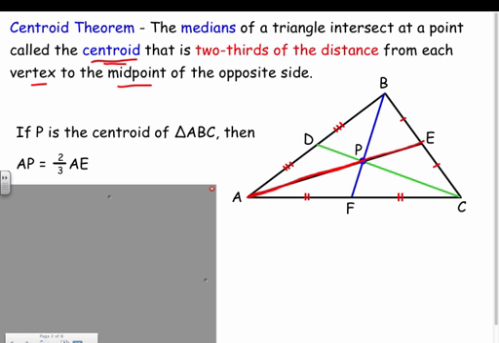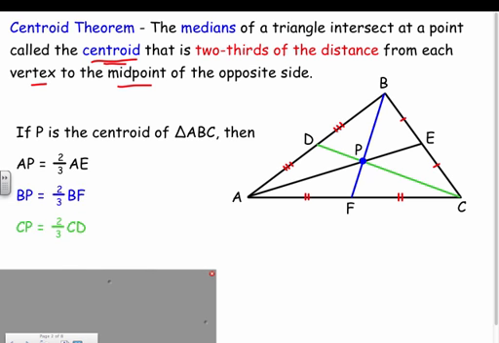So for example, let's say AP was a distance of 6. That means PE would have to be 3, because AE all the way across would be 9, and 2/3 of 9 is 6, which AP is. That works for every single median.